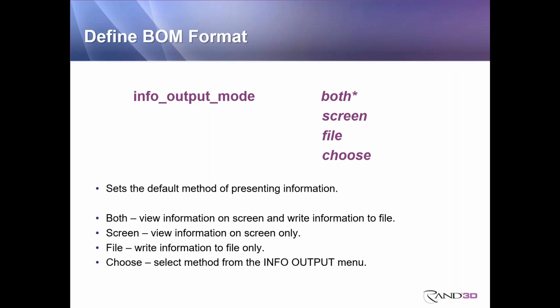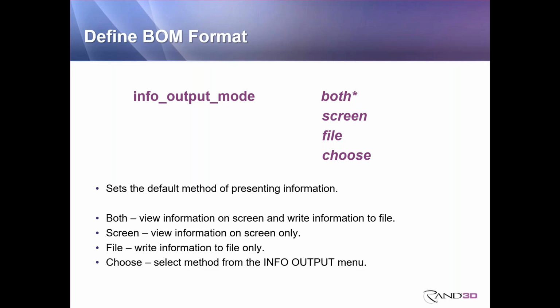And I have seen this choice at a lot of companies lately, the choose option, where you actually see a menu manager pop up with the info output title. The menu manager info output menu will pop up if you choose, for this configuration option, info output mode, the choose option, where you would have a listing for a screen or file, and you can specify one or the other that you'd rather have, or both, by the way.